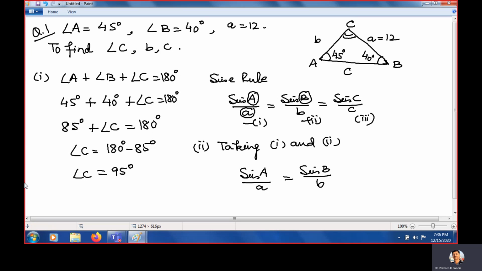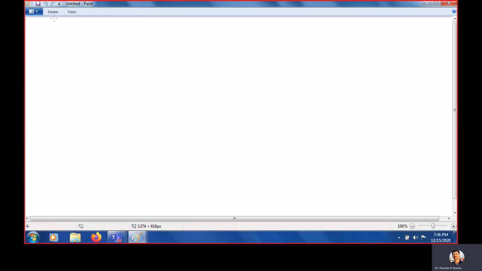So we will put the values: sine 45 and angle B is 40, upon the value of A is 12 and value of B we need to calculate. Clear? So if we simplify this, we will cross multiply.